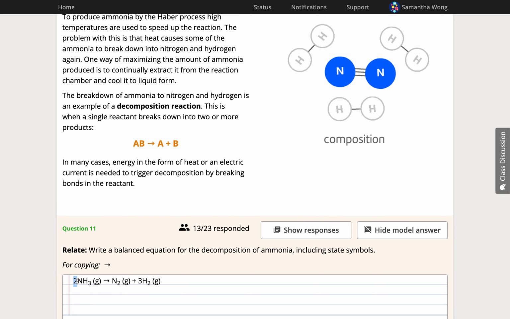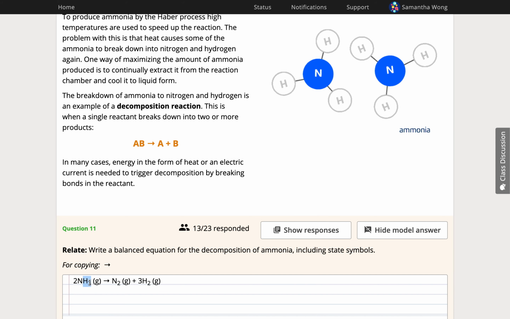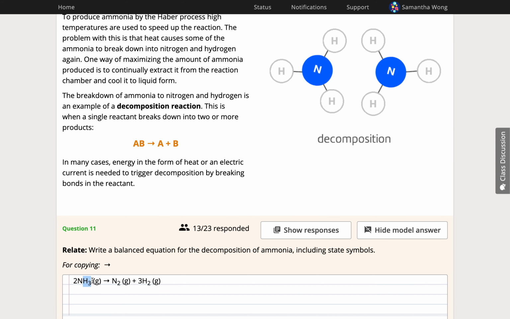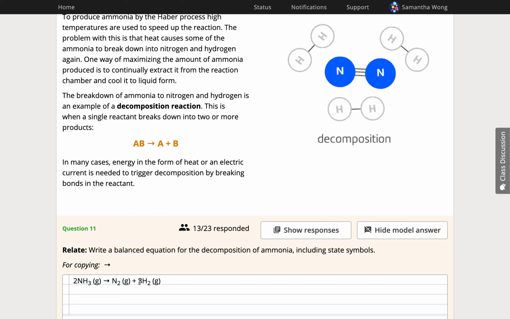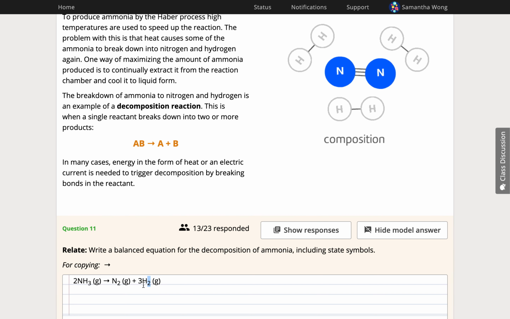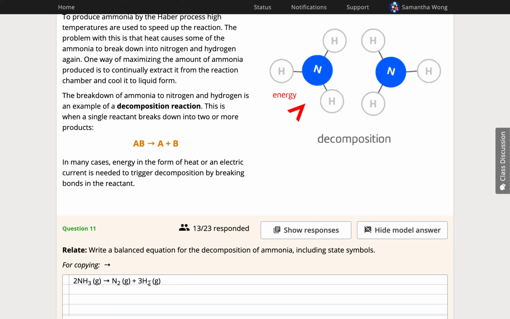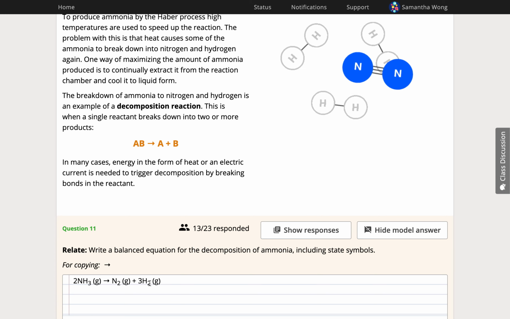We have two lots of NH3, so 2 times 3 is 6. So we have 6 hydrogens on the left. 3 times 2 is 6 H, so 6 hydrogens on the right. So this equation is now balanced, and this is the equation for the decomposition of ammonia.